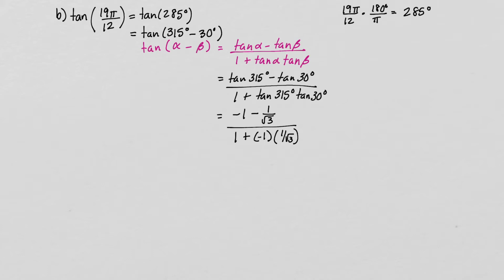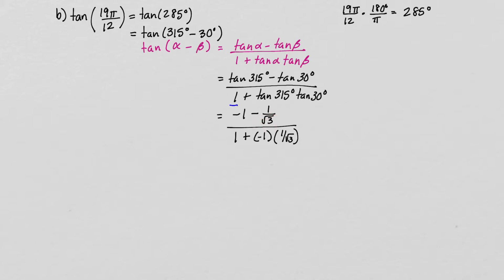Alex is not going to take this answer, I don't think, because you have little fractions in a big fraction. So we have a complex fraction, and we really would like to get rid of it. The thing that's making it a complex fraction is this square root of 3 in the bottom. So I would like to get rid of this square root of 3 in the denominator.